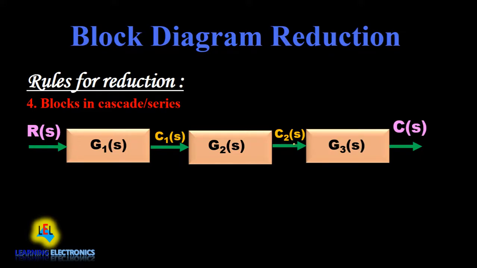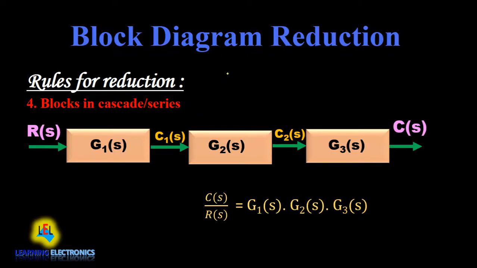That means these blocks are in cascade. When the blocks are in cascade, the overall transfer function C(s) by R(s) is equal to G1(s) G2(s) into G3(s). Whenever the blocks are in cascade, the overall transfer function is the multiplication of the individual transfer functions. We can also find that from this diagram.